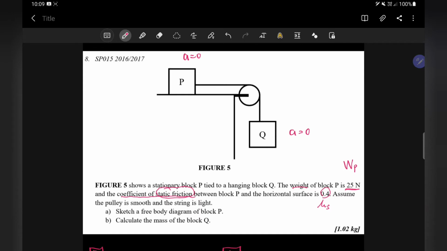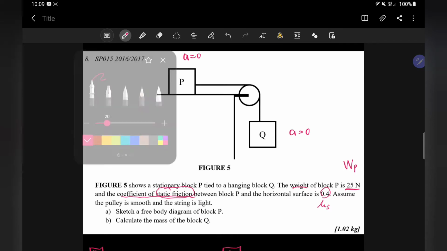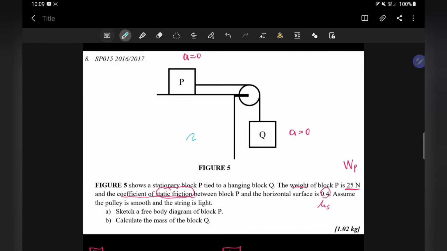Again for this we have two different bodies. We need to separate these two bodies again, and then determine all the forces exerted on the first body, which is P. What do we have? WP, and then normal on P, and then the tension, and don't forget about the friction, static friction, Fs.